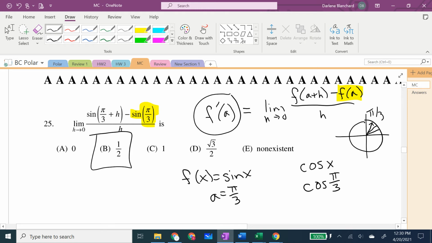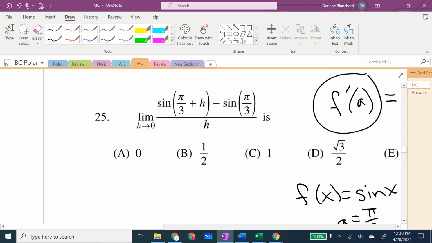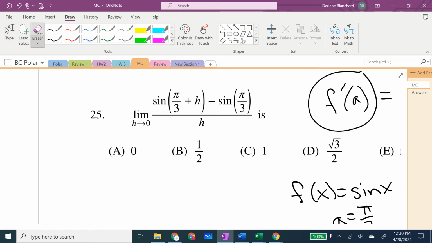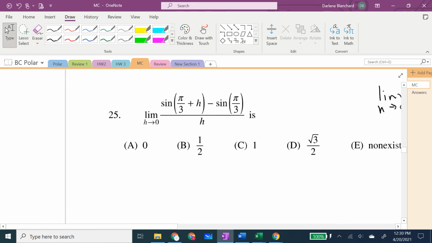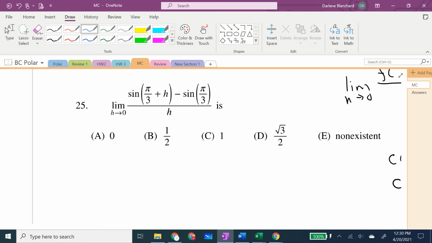use L'Hopital's rule on this as well. You have to realize, though, if you use L'Hopital's rule, the variable of your limit is the variable. Nothing else is the variable. So if you decide to go the route of L'Hopital, which is often an option with problems like this, then you want to notice that when I plug in h equals 0, I get 0 divided by 0.